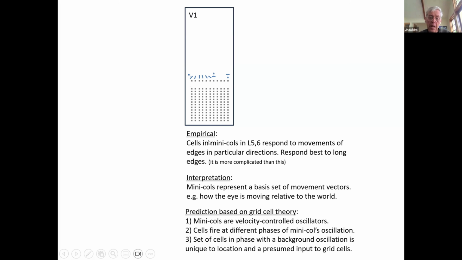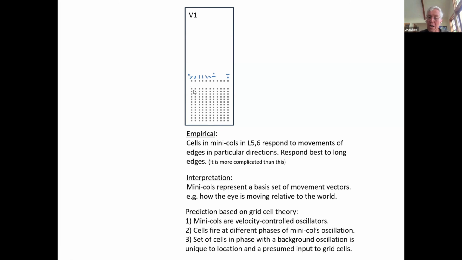But then a prediction of this theory would be, and now this gets to the point that Jose didn't talk about, the oscillatory interference model for how grid cells are generated. It's really complicated. I'll show you a picture just to show you what it's about.